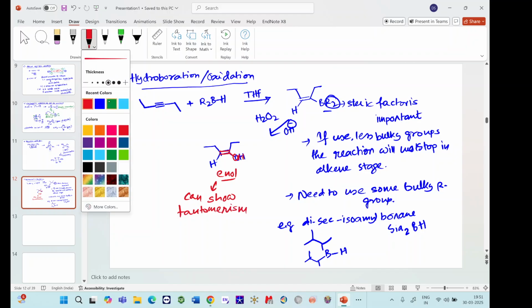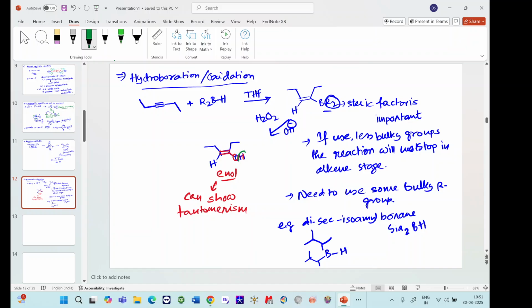So this alkene will take this proton, right? And this oxygen lone pair will come here. So this is a rearrangement of atoms so that it will generate this one.